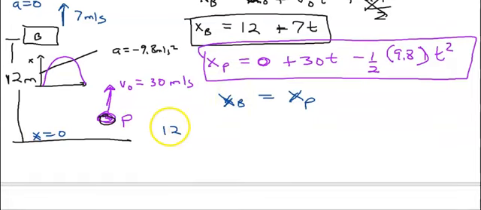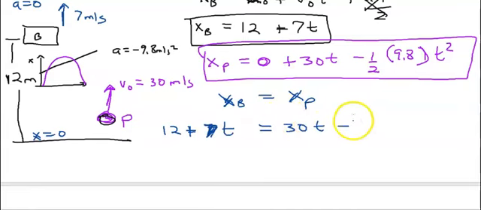We are going to need to use the quadratic formula because we have a t term for the balloon and for the pellet, we have a t squared term. So we're just setting the 2 position functions equal.